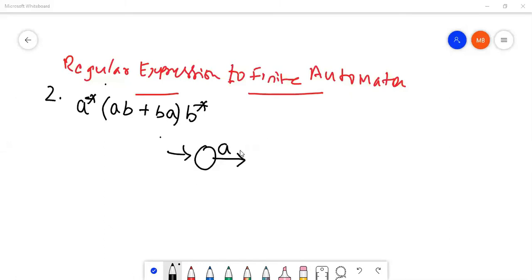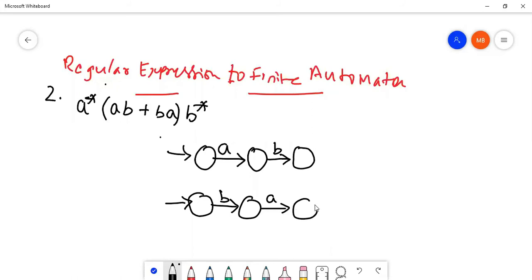Okay. This is ab. Similarly, we write it for ba. So now ab plus ba is done.